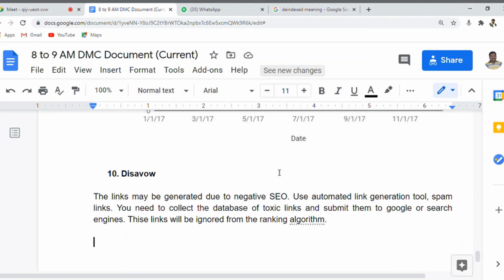However, if there are some such links pointing to your website, you need to make sure that you report these to your search engine spider, maybe Google, Yahoo, Yandex, DuckDuckGo, or any search engine. You need to go ahead and report this to them. That is very important. This is basically a disavow tool.